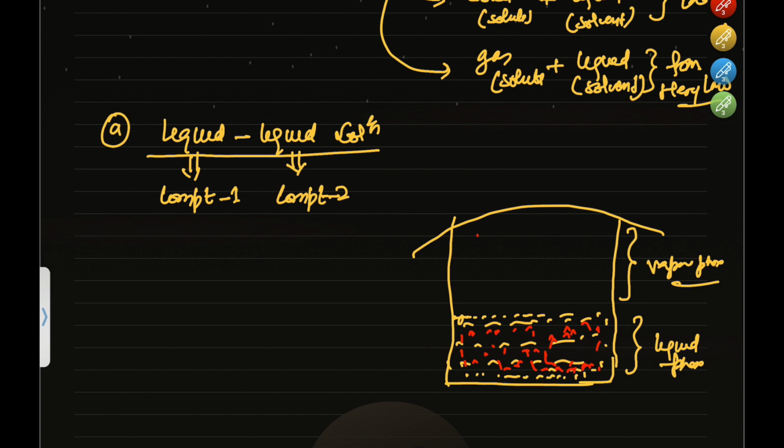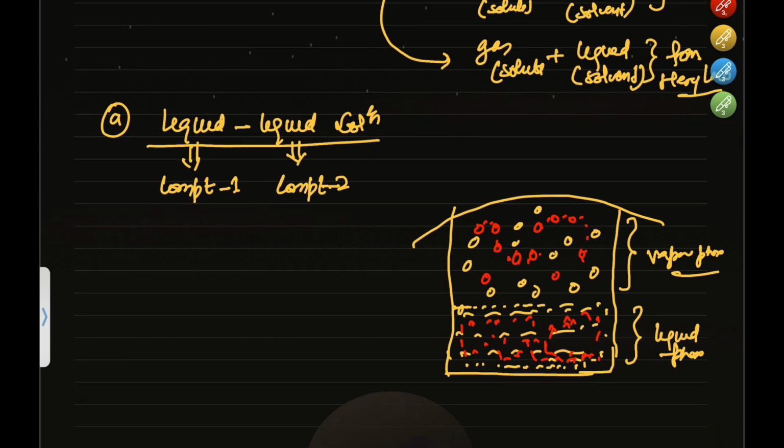Component A is in vapor also, and component 2 in vapor phase also.